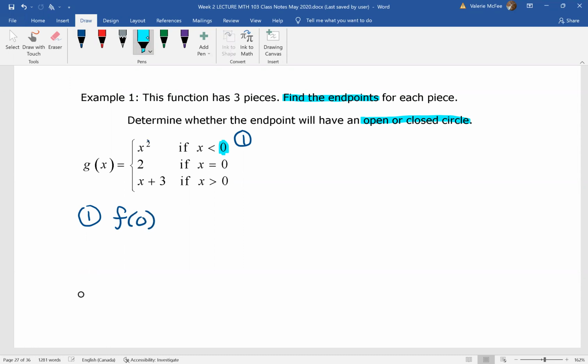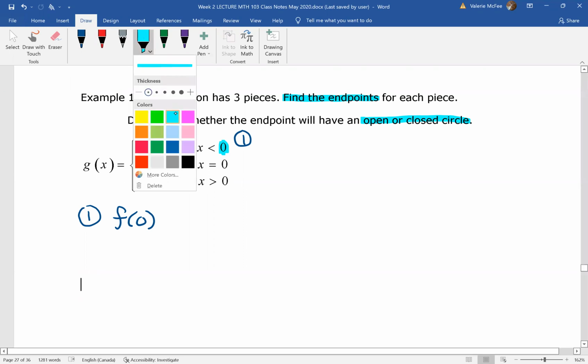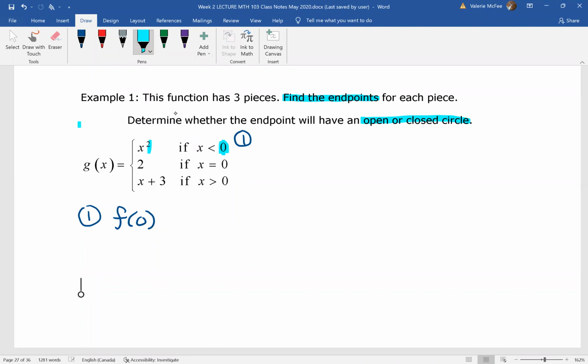I'm using this equation. So we're going to substitute in 0 and see that it equals 0.